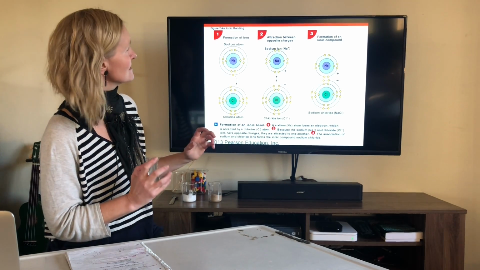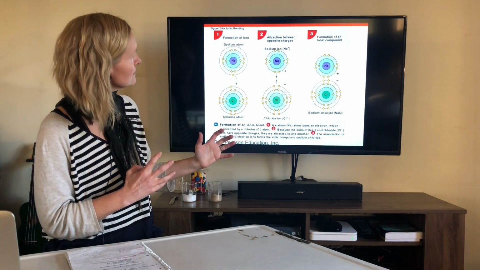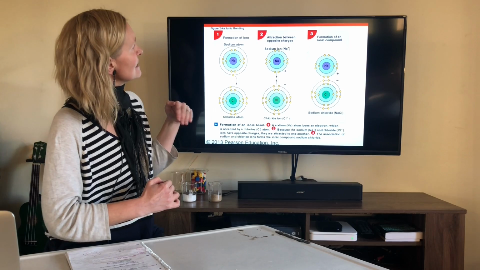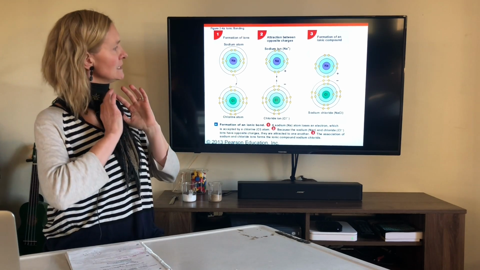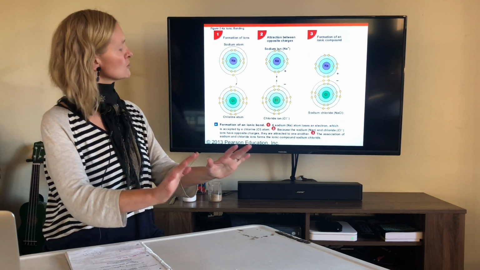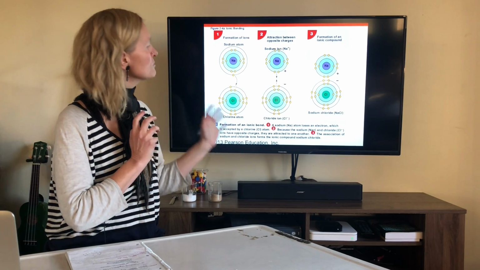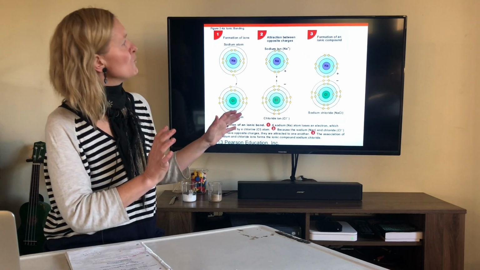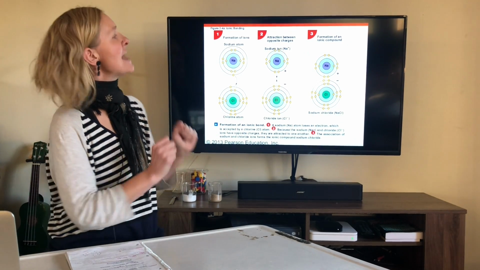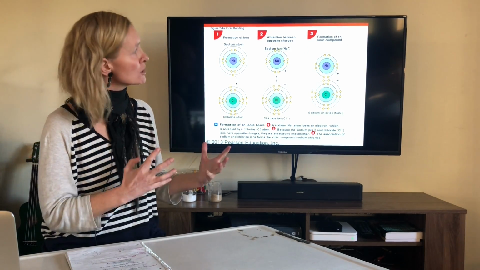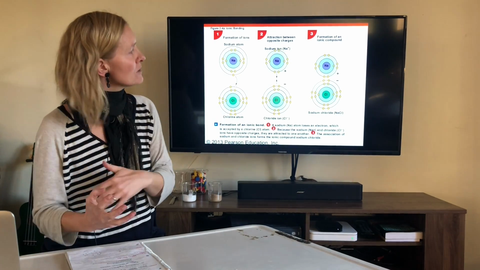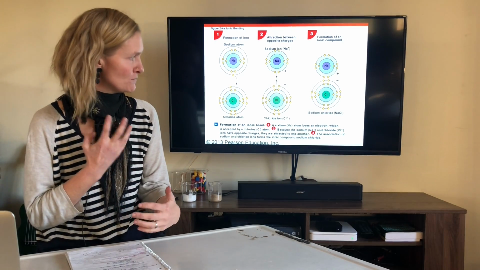So in this ionic bonding, the sodium is going to give its outer electron to the chlorine atom, and both of them will become more stable. They'll both become charged. Sodium will have a positive charge, and chloride will have a negative charge.